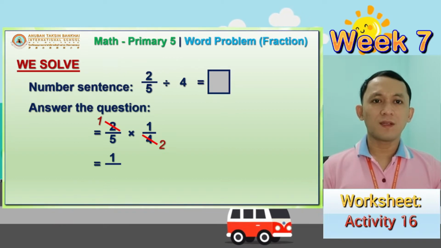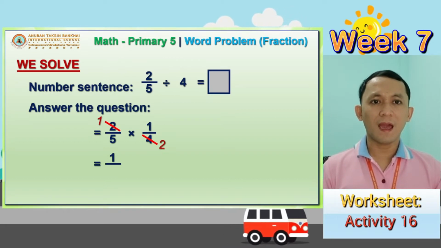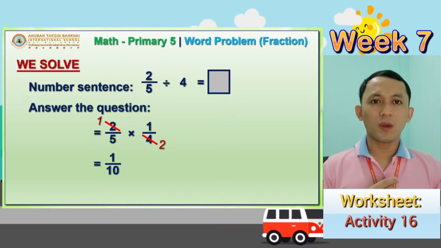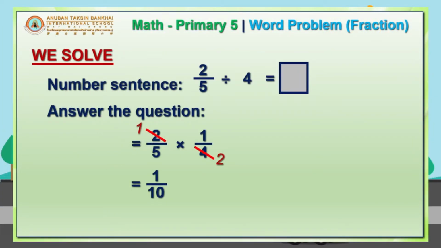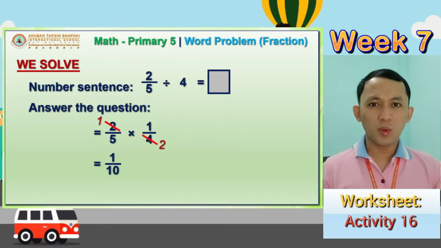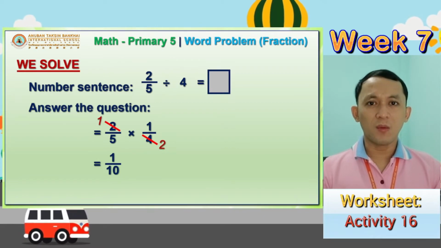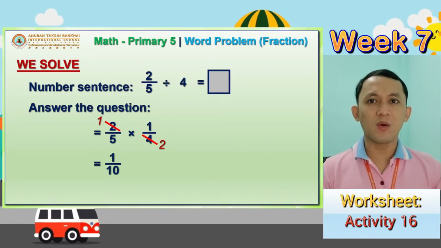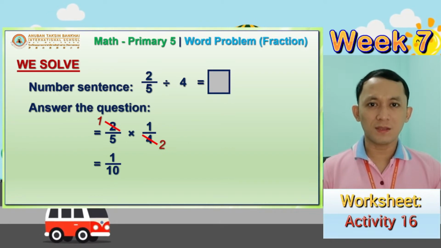And 5 times 2, we have 10. So if we're going to recall our representation, therefore our answer is correct. 1 over 10. And since we already have 1 as our numerator, of course, we cannot simplify our answer. So this is now our final answer.